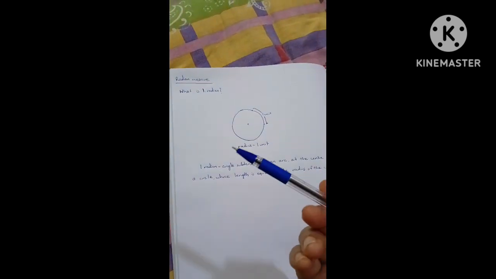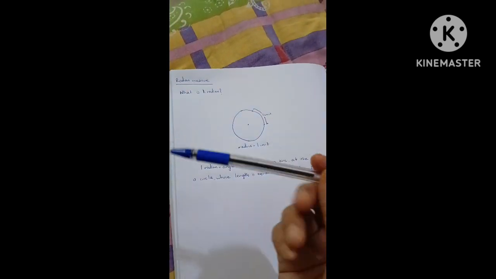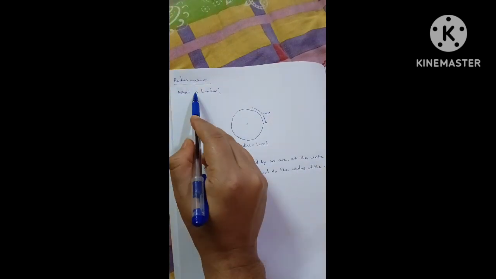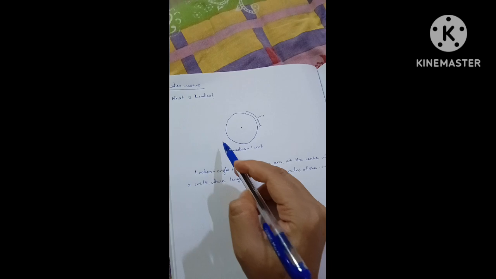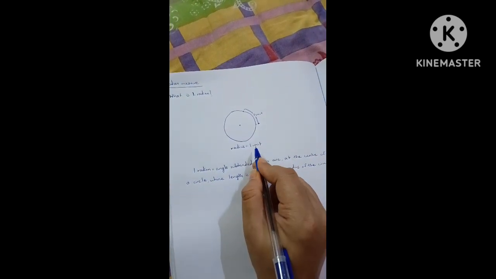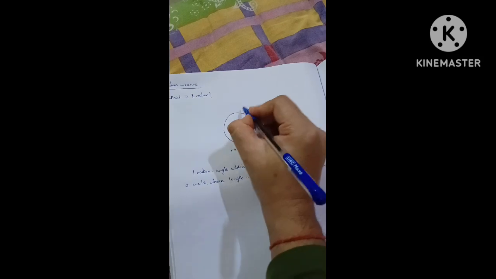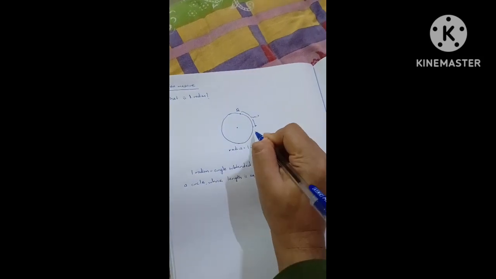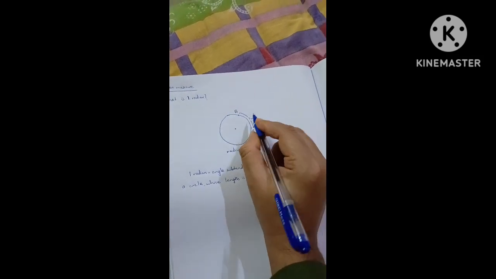Let us understand what is radian measure. First of all, what is 1 radian? So here see, this is a circle whose radius is 1 unit, and I have taken an arc here whose length is also 1 unit.